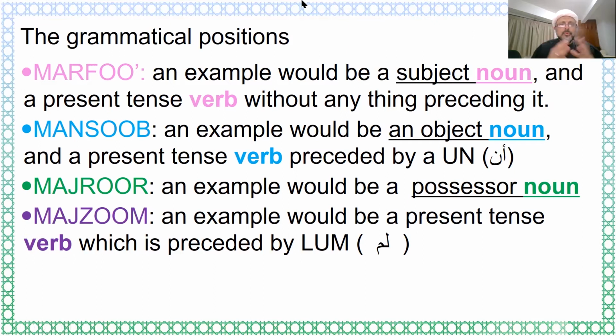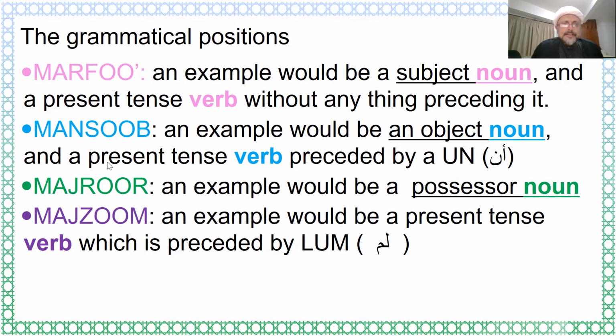So now you know marfu' is an example of marfu' would be a subject noun, and from the verb it will be a present tense. An obvious sign of it is U sound. Mansoob, an example would be an object noun, okay?